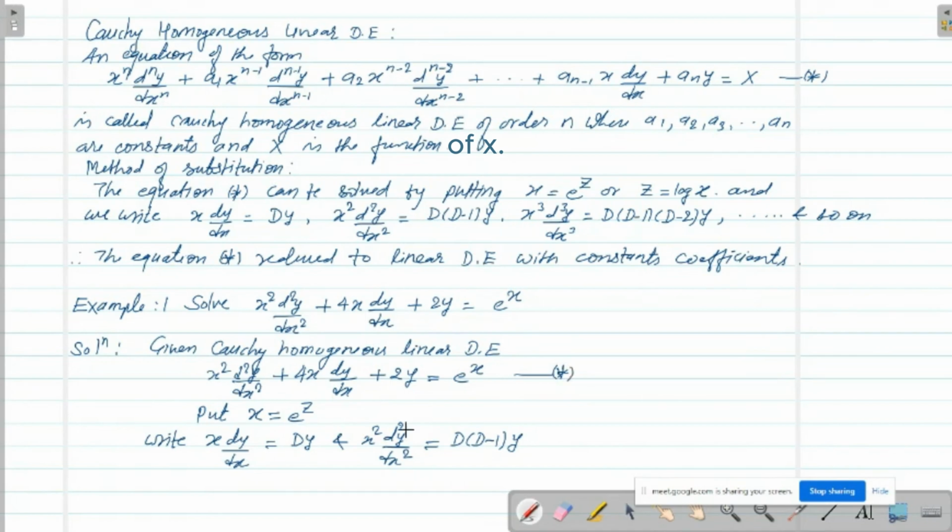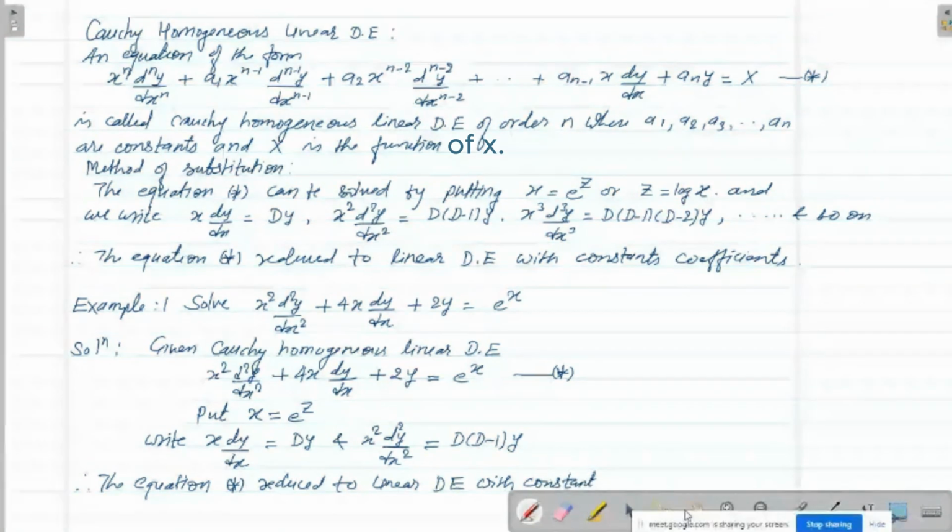Therefore equation star reduces to a linear differential equation with constant coefficients.